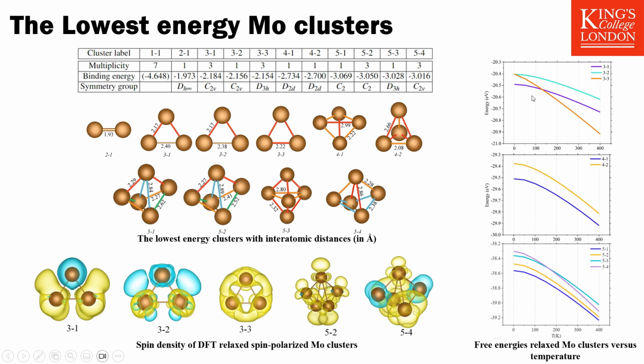So when we search for unknown clusters, we must not only use DFT to choose the different multiplicity, but also consider the temperature, because it is very important for stability.